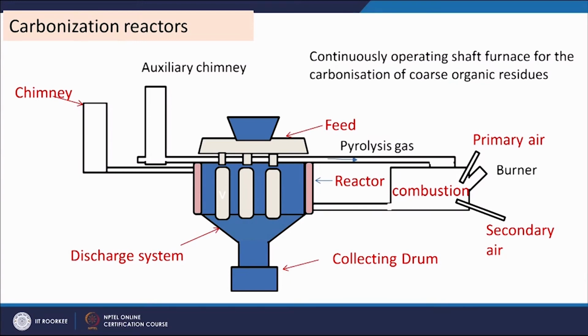Here we combust some fuel at the initial stage, then gradually the flue gas will go to this reactor zone and will raise the temperature. So, all those columns' temperature will rise.